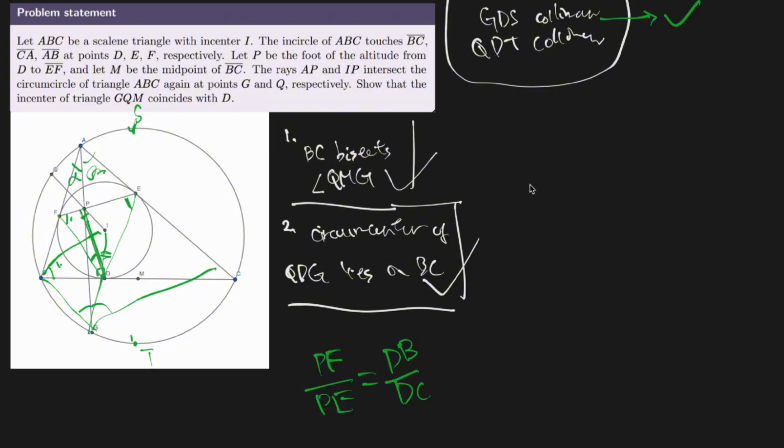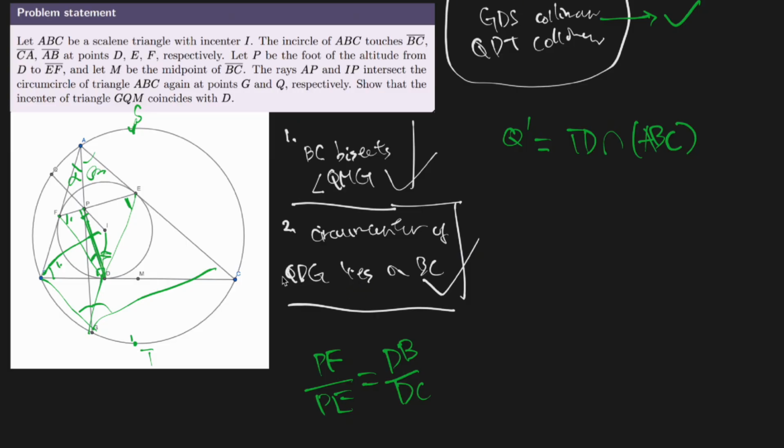How this works is that we define a new point, Q prime, to be where TD intersects the circumcircle of ABC. So we want to show that Q prime equals Q.